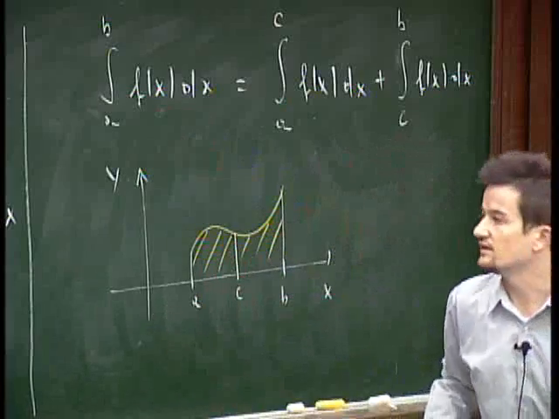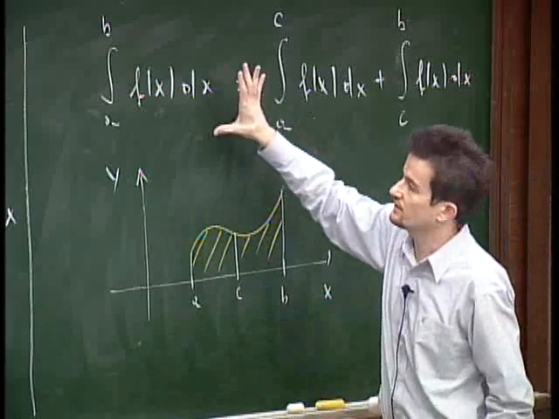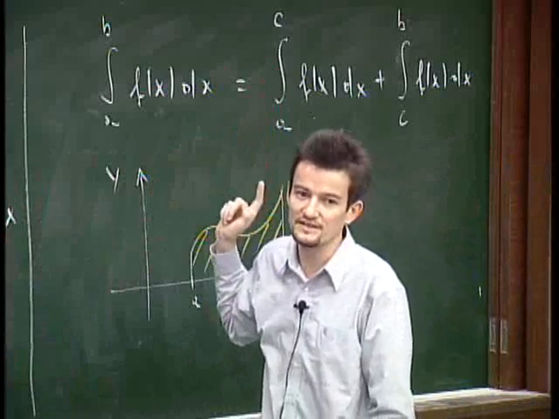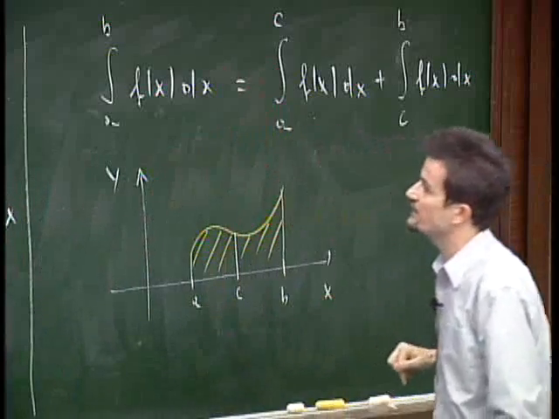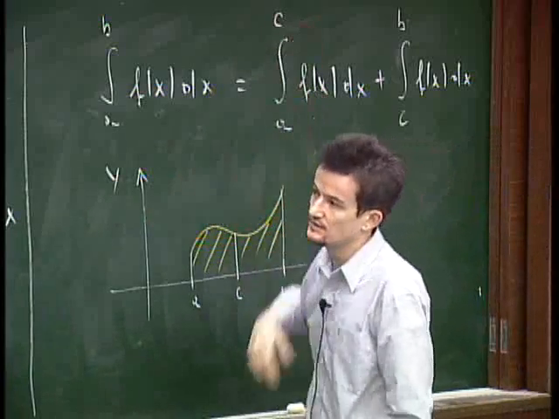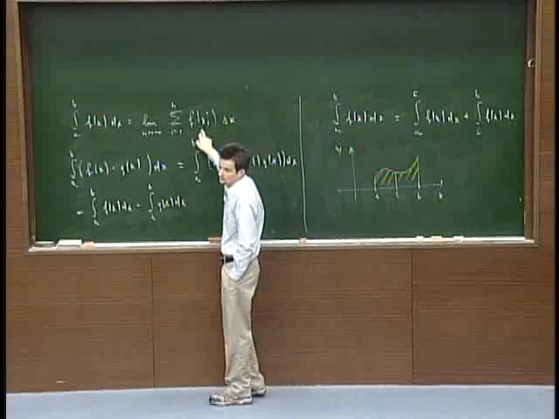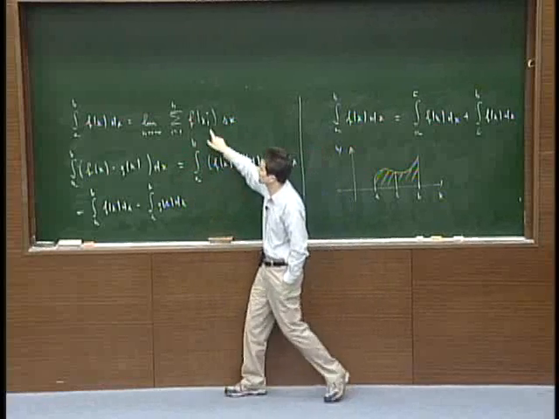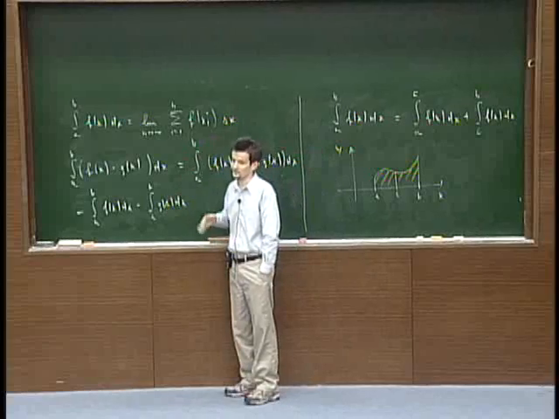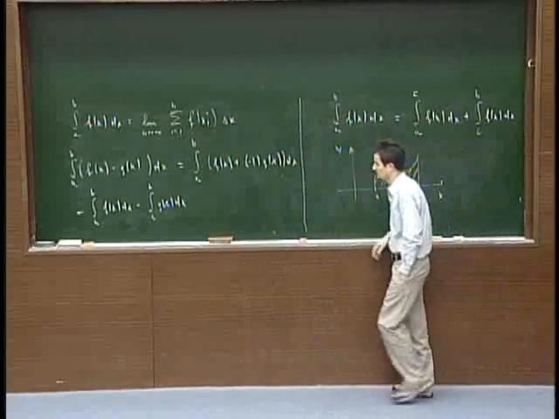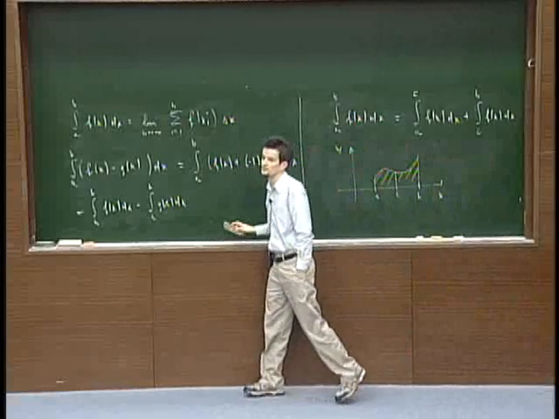In order to prove this, you have to go into the definition, and this is not so easy for this case, although it looks very easy. The problem is that it's not necessary that c is one of the endpoints of the intervals which you use in order to subdivide. So in order to prove this, you also need that f is continuous. It's not so easy, but I'm not going into details.